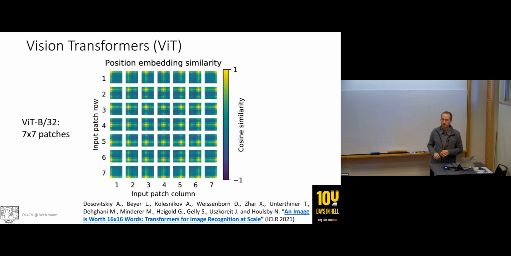When you say different noise for each patch, is it a different formula of noise? No. You have the patch size. For instance, in this example, we have ViT base with patch size 32, so you'll have 7 by 7 patches.